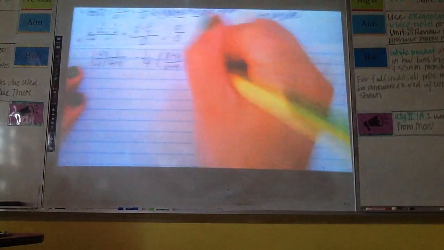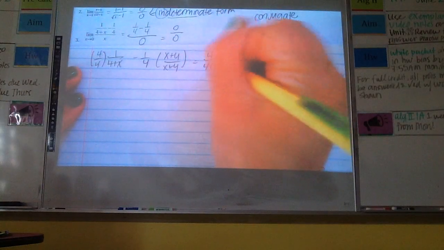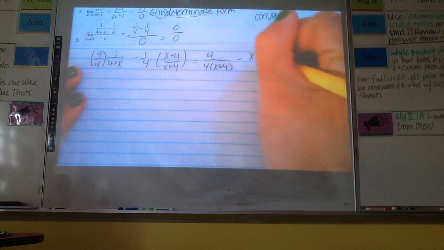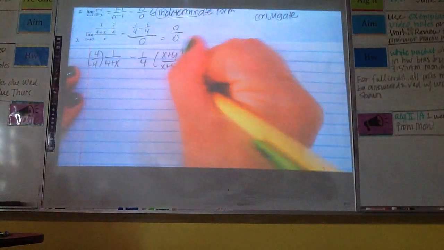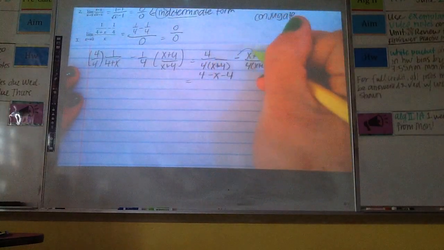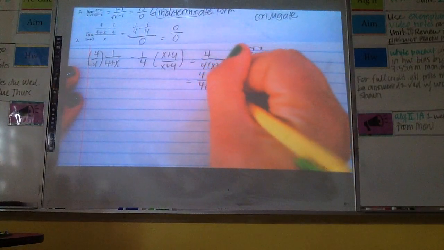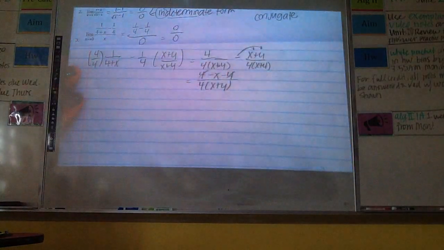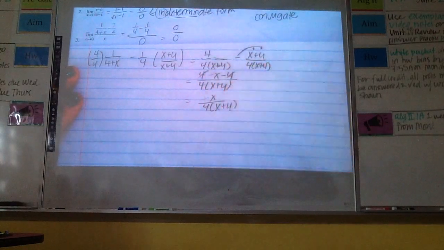We get 4 over 4 times x plus 4 minus x plus 4 over 4 times x plus 4 equals 4 minus x minus 4. You need to distribute that subtraction over 4 times the quantity x plus 4. My 4's cancel out. I get negative x over 4 times the quantity x plus 4.